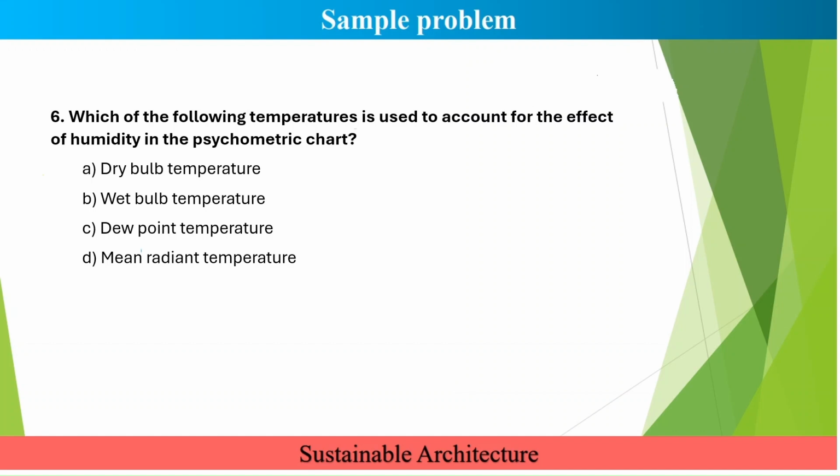If you have gone through the psychometric chart, then you would know that wet bulb temperature is helpful for accounting for the effect of humidity. Is it fine out of all the four temperatures?